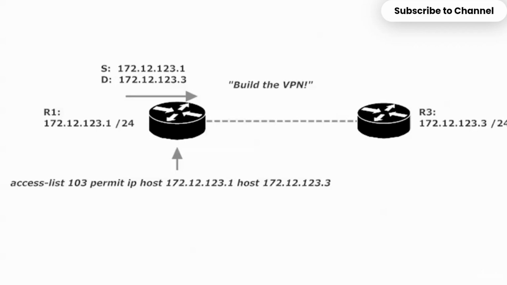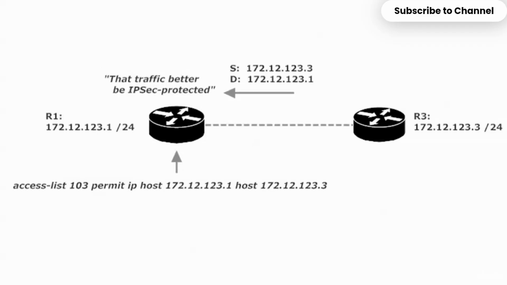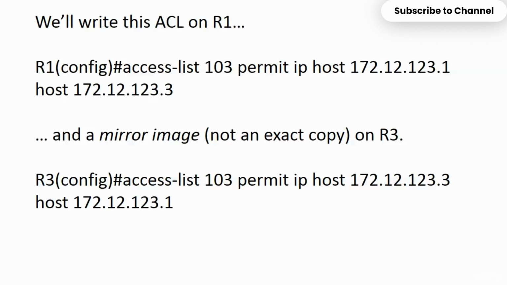So far, so good. But when traffic comes back, the ACL on router 1 is read backwards, where the source is 123.3 and the destination is 123.1. When the traffic comes in, router 1 is saying, okay, that traffic better be IPSec protected, or I'm going to drop it like a rock. So while the ACL we write is just like the extended ACL we've written everywhere else, the operation of it and the application of it is a lot different.